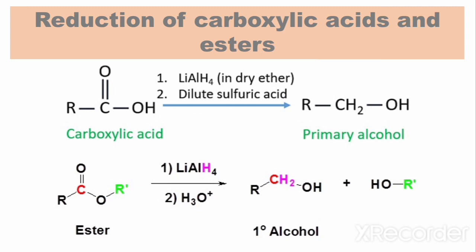So this is the ester, and we will conduct the same conditions, that is the reducing agent lithium aluminium hydride along with the acid that gives the proton to the ester and forms alcohol, that is primary alcohol. And this is the reduction of carboxylic acids and esters, and as a result primary alcohols are formed.